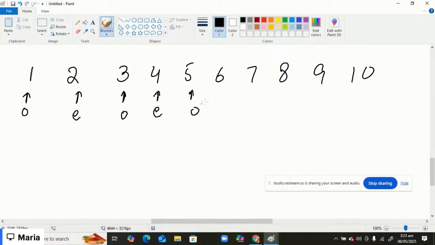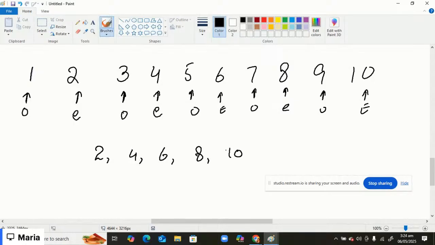It's odd, then it's even. Odd, then even. Odd, then even. Remember that thing. One number is odd, one number is even. And also you remember 2, 4, 6, 8, 10. These are all even number.